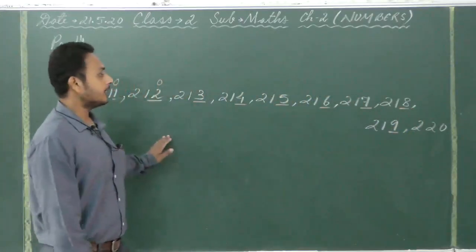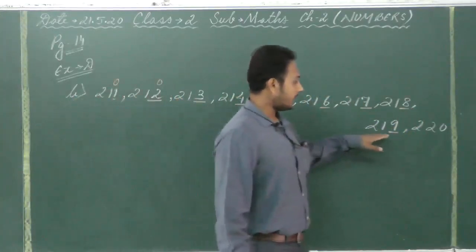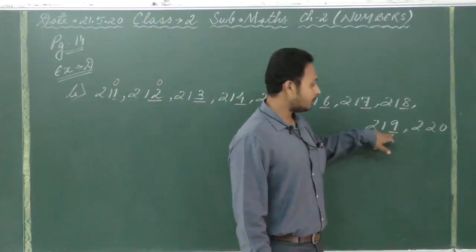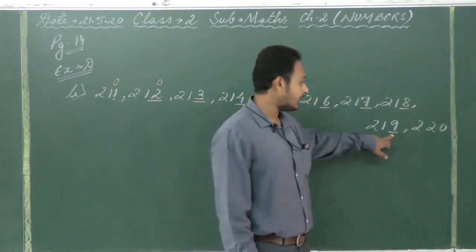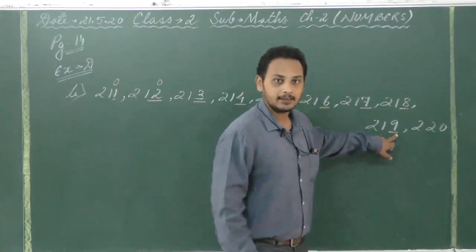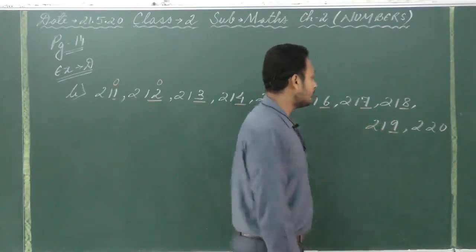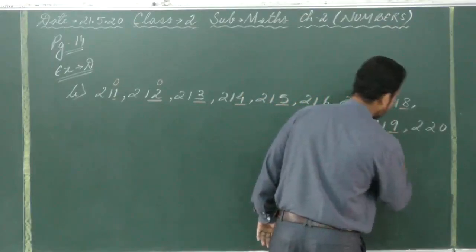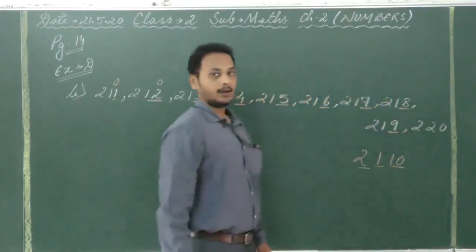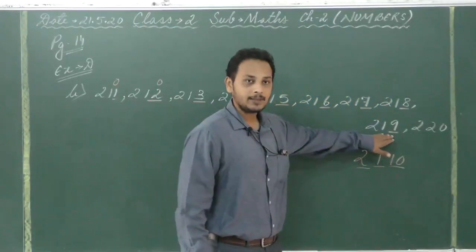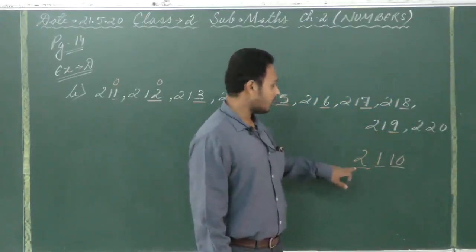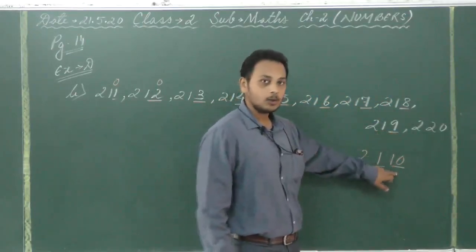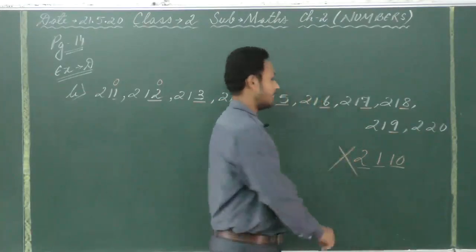Okay? Now after 219, now you see the number that is in the ones place, we have 9. Now after 9 comes 10. Okay? So what are we going to do? Do you have to write it like this? 210. I told you have to change the number in the ones place. So 219. Then what are you going to write? 21 and 10? No, it becomes wrong.